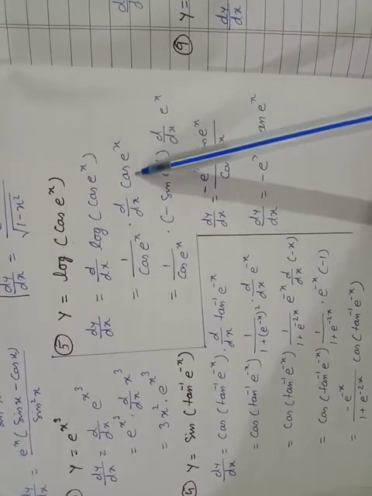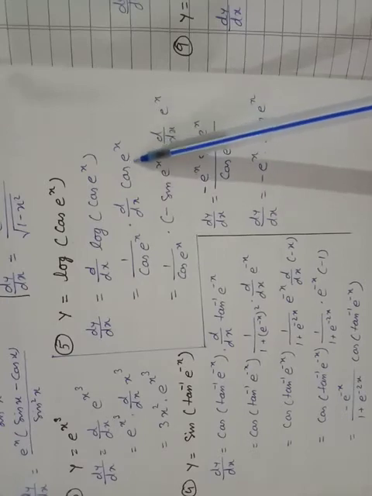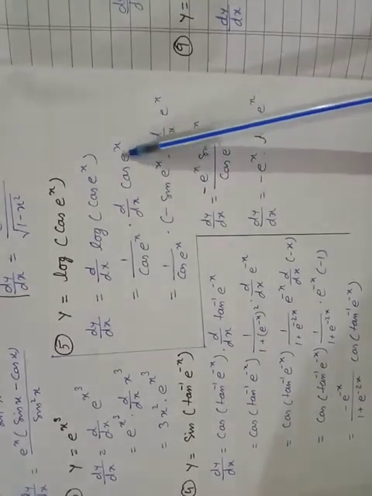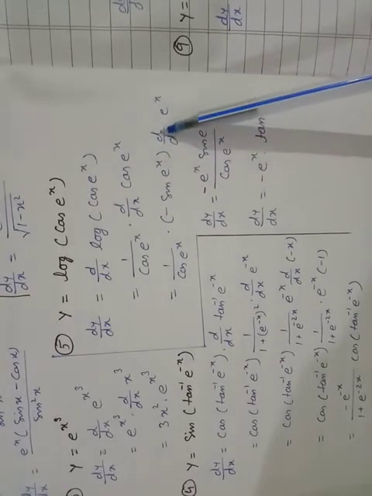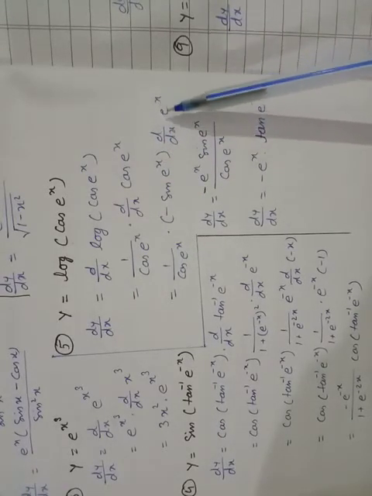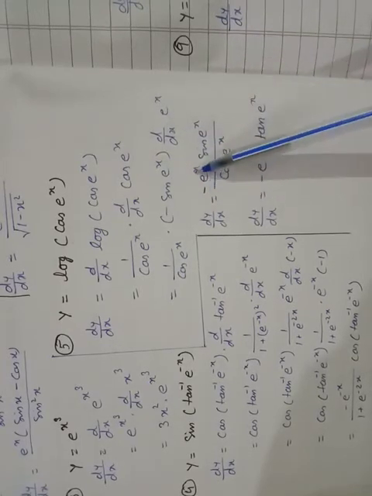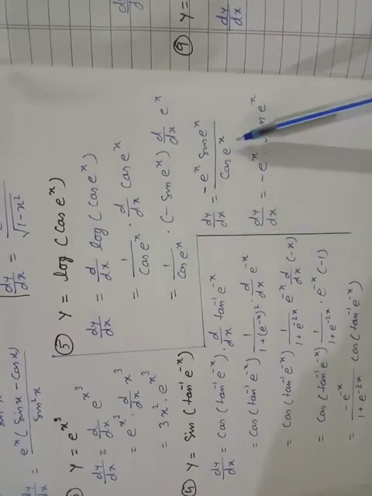We know that the differentiation of cos e to power x is minus sin theta, where theta is e to power x. Now this one is left, d over dx e to power x. E to power x will remain same. So minus e to power x sin e to power x, with cos e to power x in the denominator.